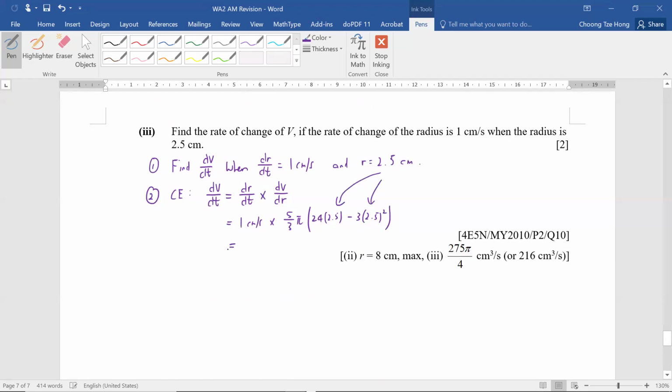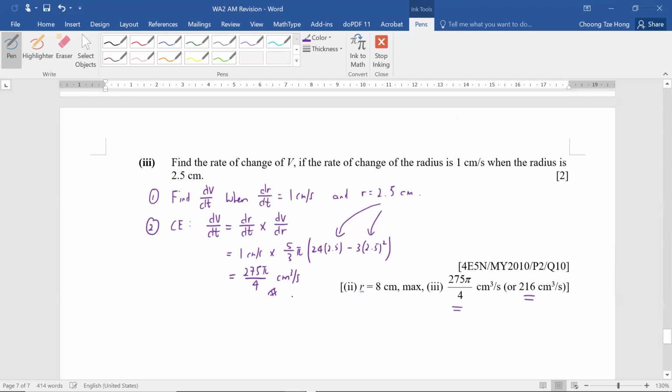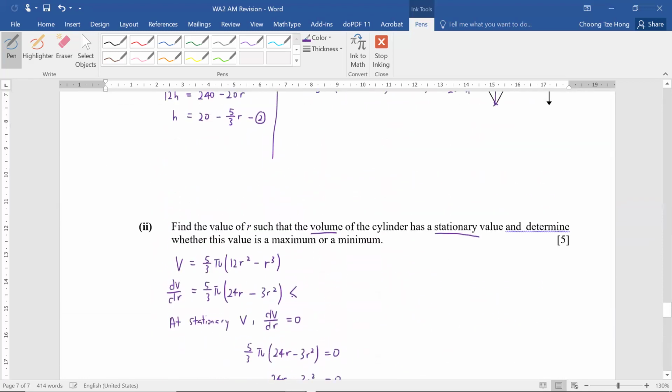If you do the calculation, you should be able to get this answer, or in terms of pi, then 216 centimeter cube per second. Both answers are actually fine. Overall, still quite a manageable question. You just need to do a bit more practice, and you should be very familiar with solving questions like this.